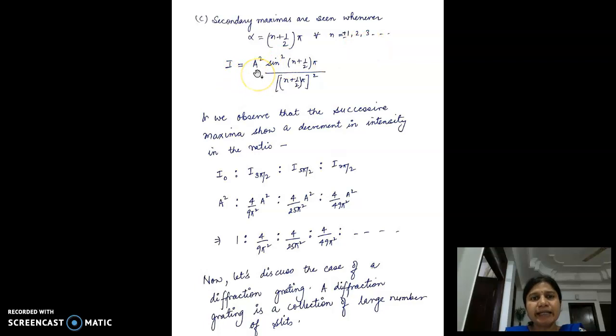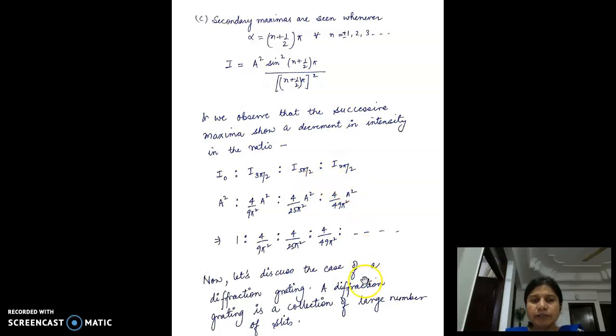The intensity becomes A squared times sine squared of (n plus half) pi divided by (n plus half) pi squared. Thus, the successive maxima show a decrement in intensity, in the ratio 1 is to 4 by 9 pi squared, is to 4 by 25 pi squared, is to 4 by 49 pi squared, and so on, where each secondary maxima is seen consecutively at 3 pi by 2, 5 pi by 2, 7 pi by 2, and so on.